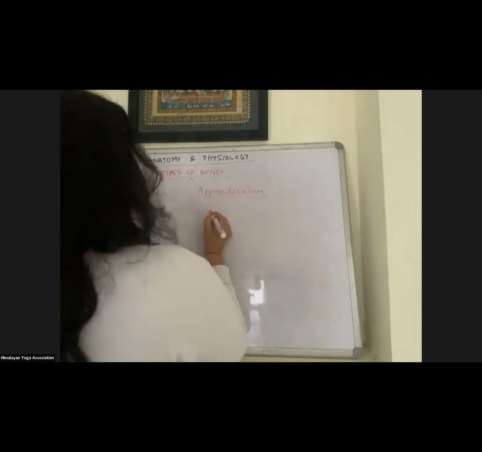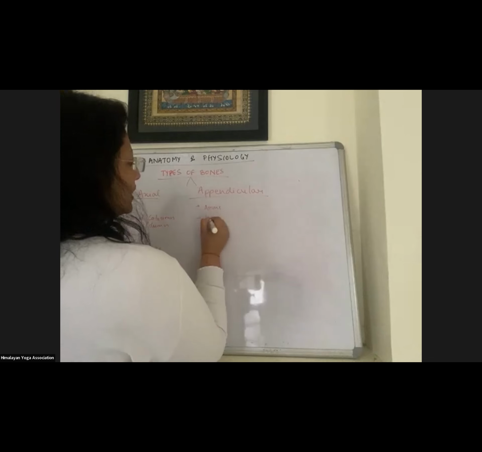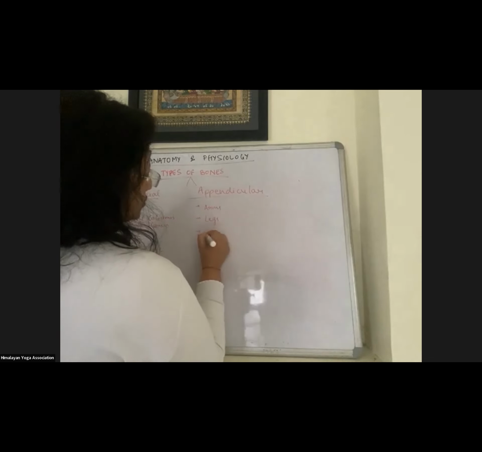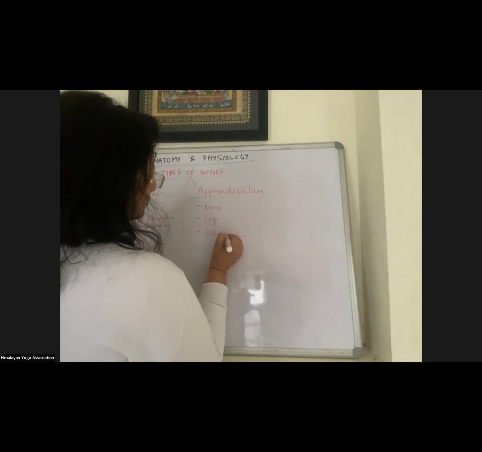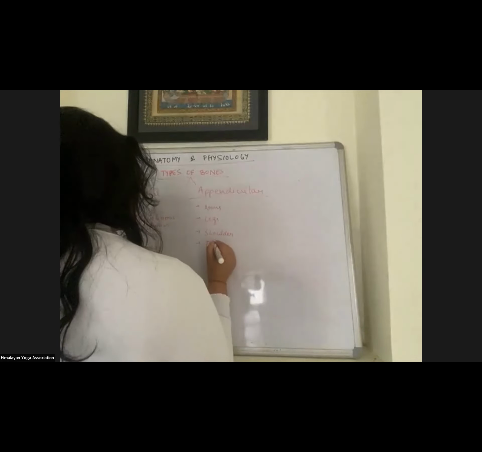In appendicular, what do we have? We have arms, legs, shoulder, and pelvis.